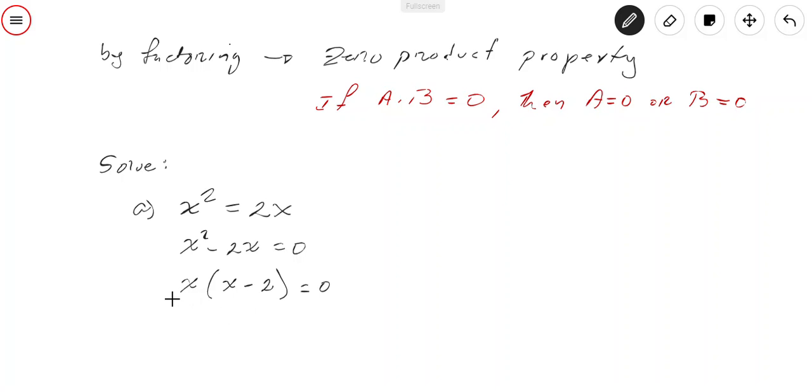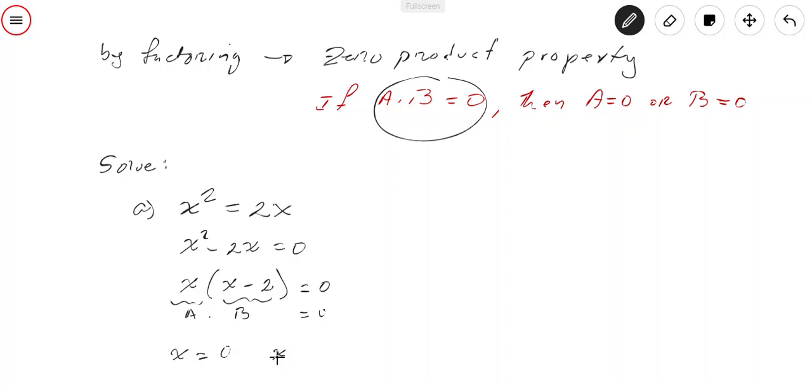As you see now, this x is my first factor, this x minus 2 is my second factor. So this is like a times b equals 0. My factor x is like the factor a in my zero product property, and my factor x minus 2 is like the factor b. So what I have to do is to make x equals 0, and I don't solve that anymore because it's already a solution.